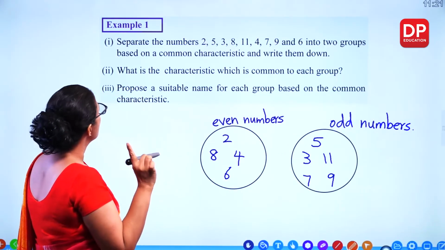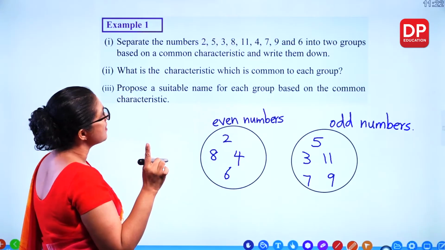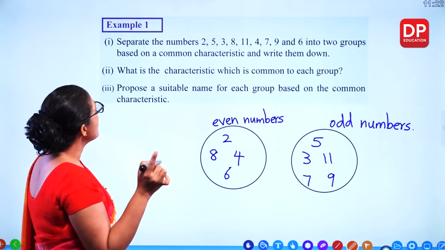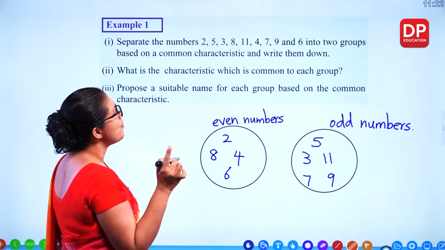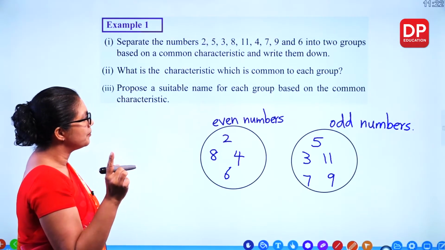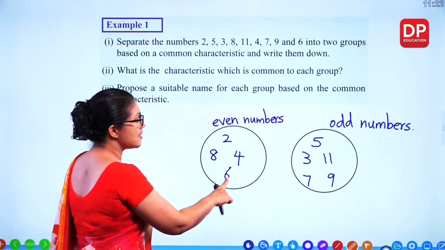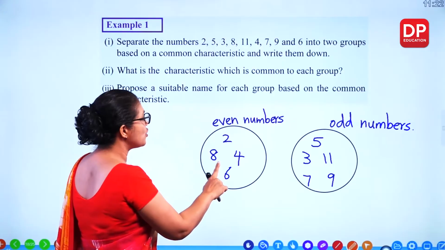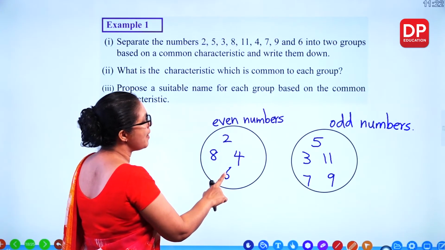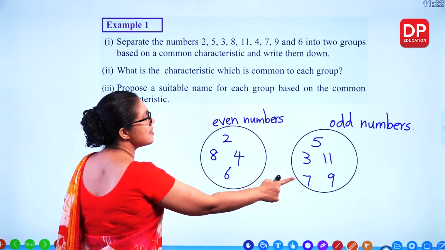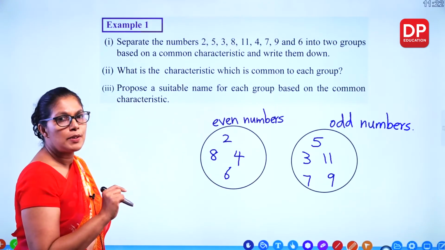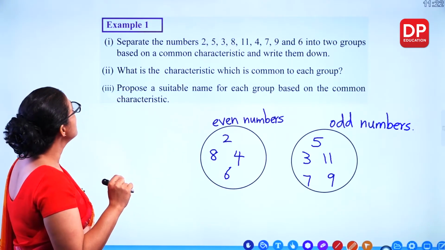Separate the numbers into two groups based on common characters and write them down. What is the characteristic which is common to each group? So this is divisible by 2 without a remainder. This is not divisible by 2 without a remainder.